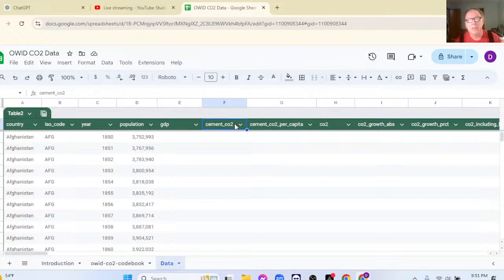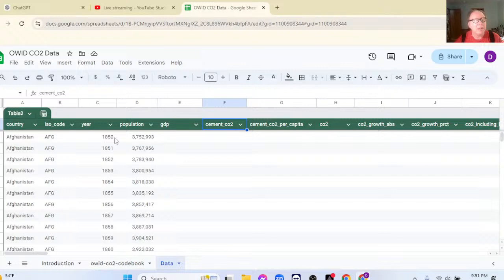So CO2 emission in tons. I'm not sure how you measure the weight of a gas, but that's what it says. So CO2 emissions per ton, then it's CO2 emissions per capita. Per capita always means per person, so you take the total emissions, divide it by the population, or maybe it's the other way around, and that gives you the per capita, okay?